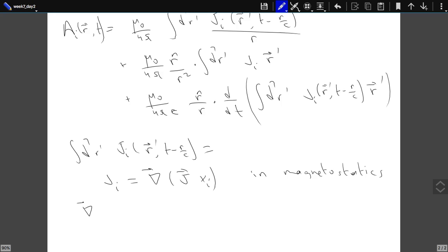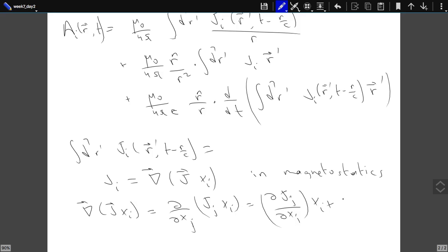And the way we proved it was, if you just look at this thing, this is del over del x_j of j_j x_i, which is del j_j by del x_j x_i plus j_j derivative of x_i with respect to x_j.